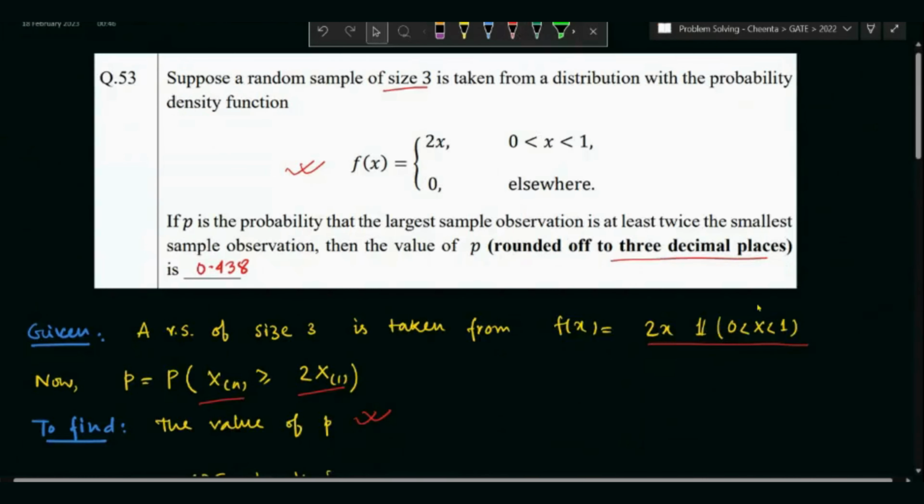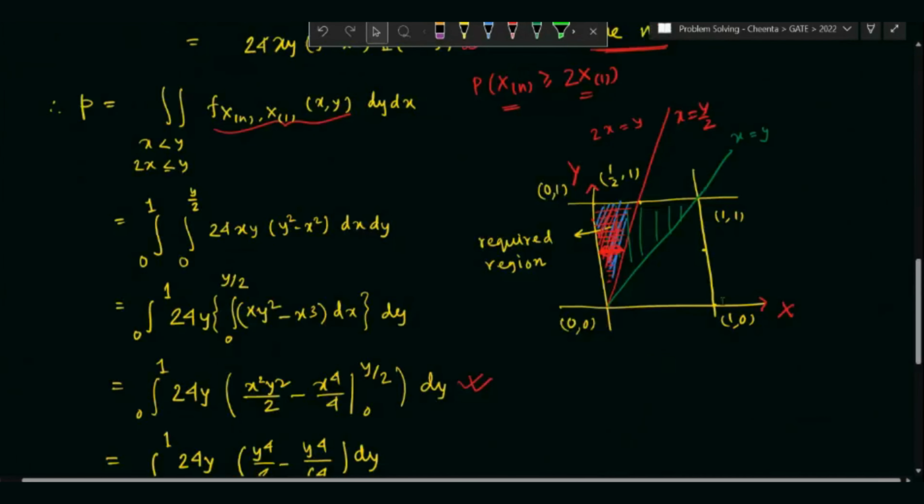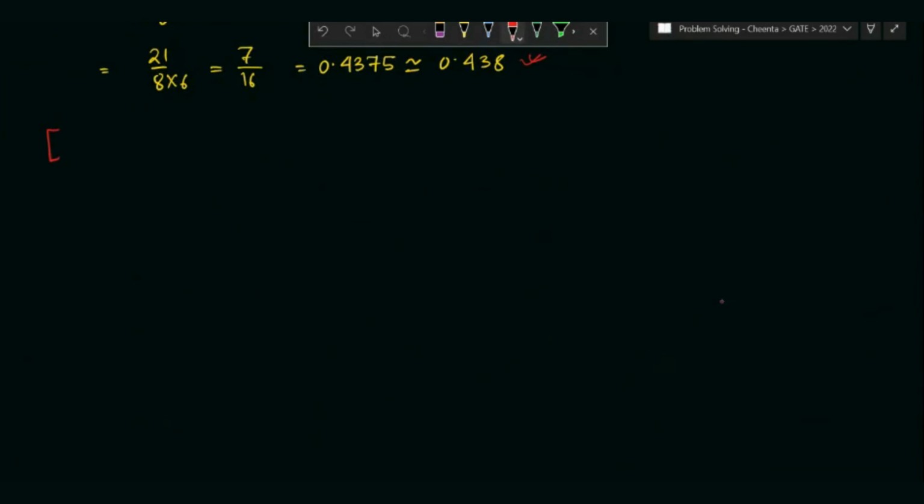Now the objective of the problem is to find the joint distribution of two order statistics, X(r) and X(s), provided r is less than s. You can find it by deriving the density from the CDF. So the density of X(r), X(s) at (x, y) is the limit as h tends to 0 plus and k tends to 0 plus.